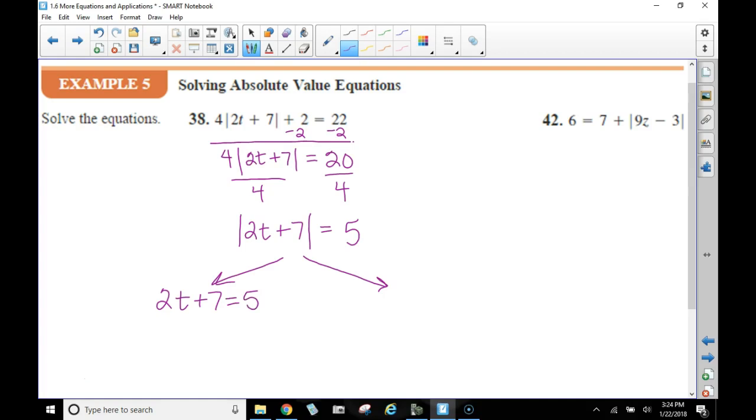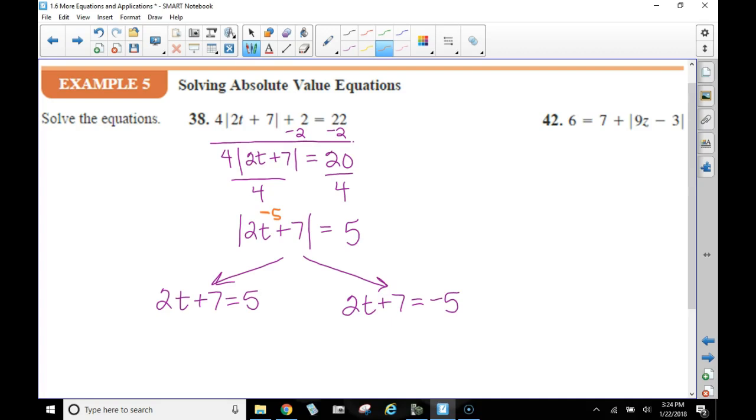And the second scenario that would check is if this quantity inside the absolute values, the 2t plus 7, would take on a value of negative 5. What I'm saying here is that if this stuff was 5, it would check. That's going to be that first equation. But also, if this stuff was negative 5, with the absolute values there, it would check as well. That's this second equation over here.